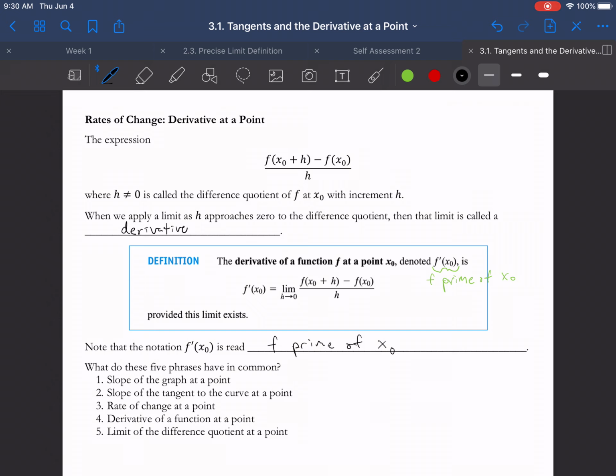It's how quickly the point is changing as you move from point to point. We also call that a derivative of a function, something called f prime. And as we saw on the previous page, it's the limit of the difference quotient, which we see right here. So basically, when you're told that, you're essentially looking at the same thing every time.